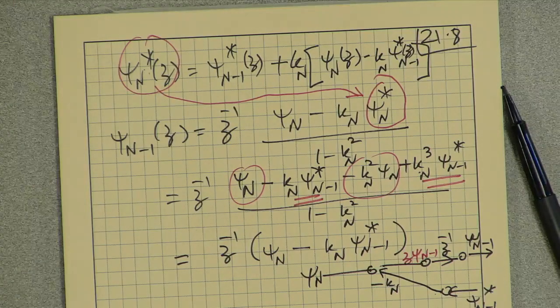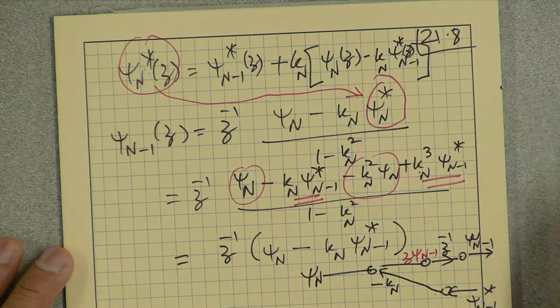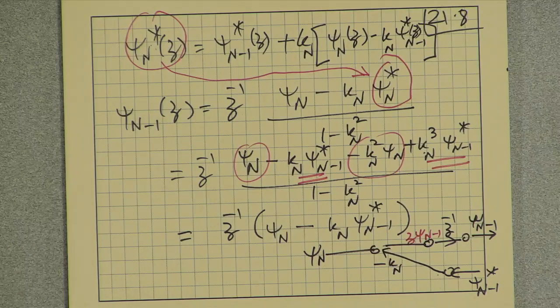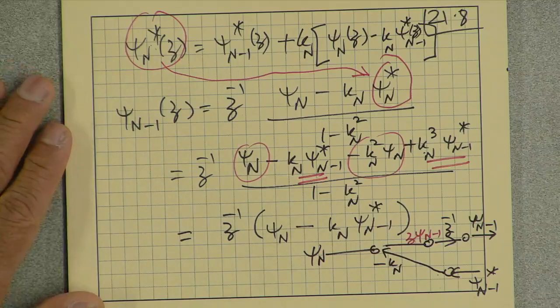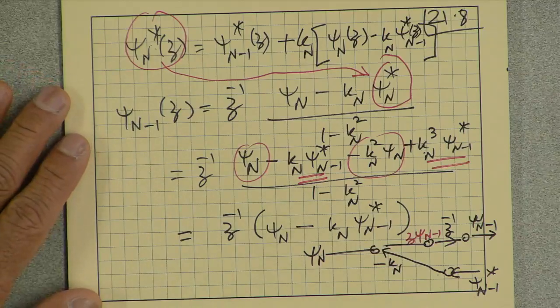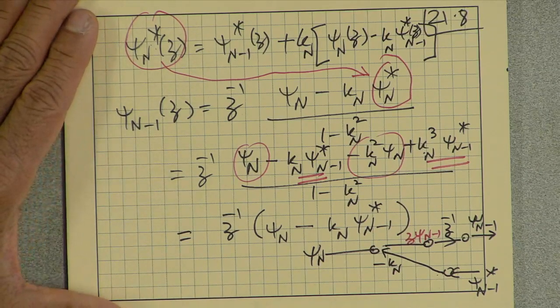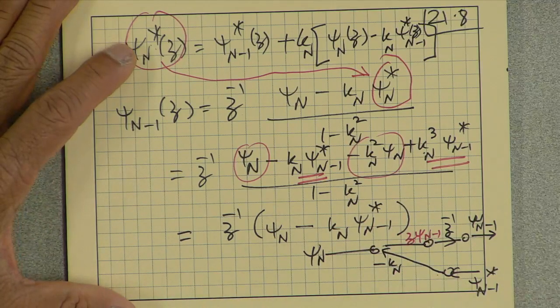So I still need to compute the output for the reverse polynomial coming out here, psi n star. How do I get psi n star? Here is how we get that.